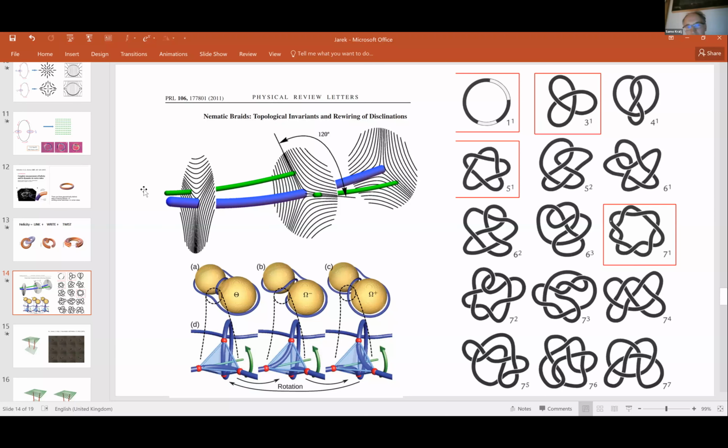If you model this by a ribbon, then you can calculate this helicity. It was shown in liquid crystals that this helicity is indeed conserved. If you would like to stabilize some of these topological defects, one way is to put inside some colloids which enforce some rotation at the surface, and so you have a different structure of these topological defects, and you see that this helicity.